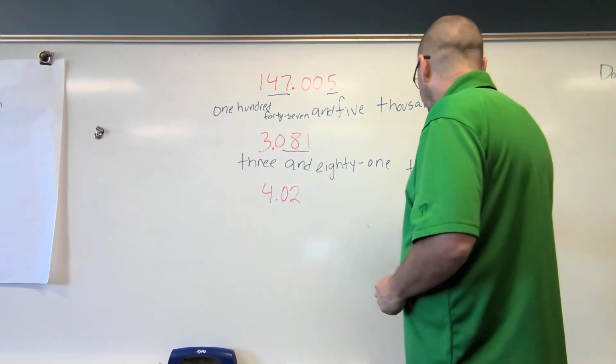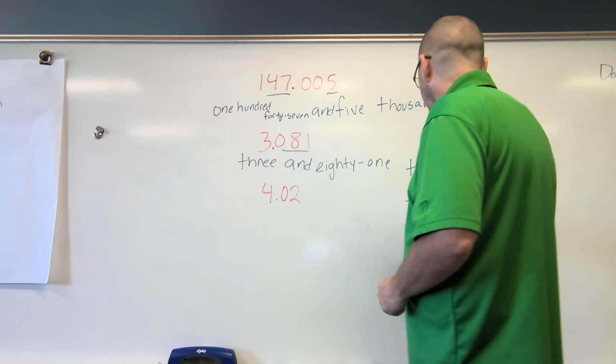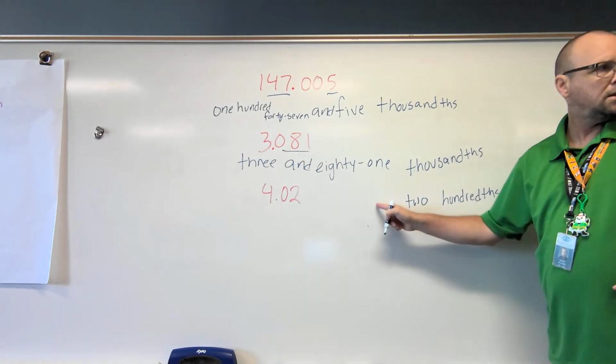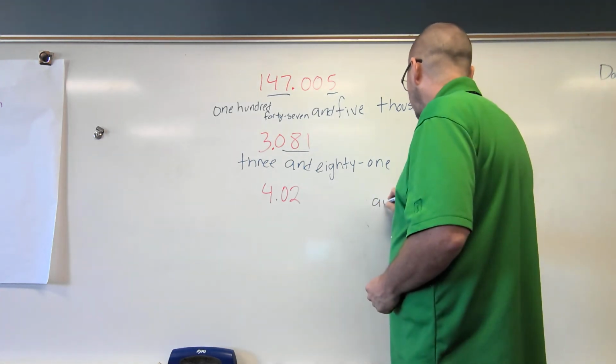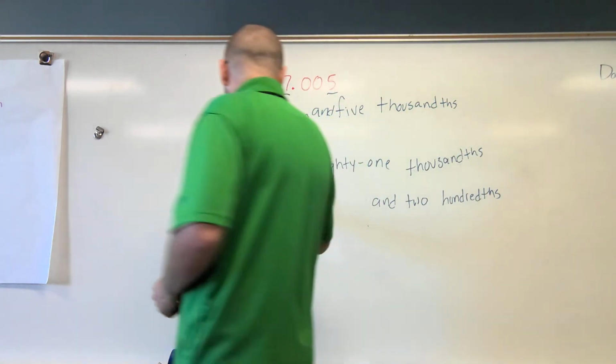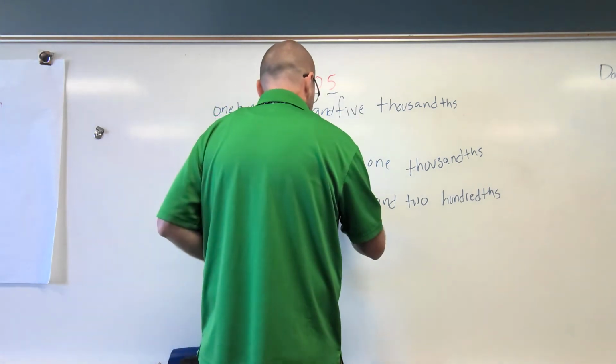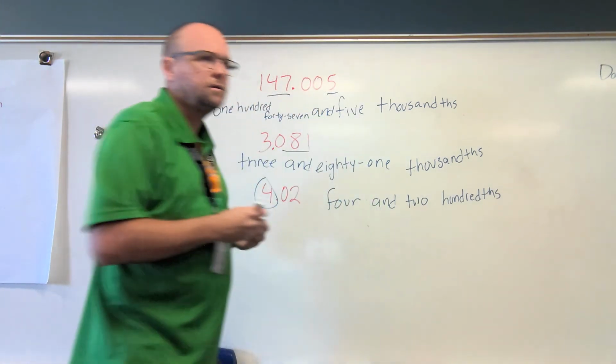Lily told us we have 2 of them. And what goes directly in front of the hundredths, Lily? The "and." Good. And what do I have? What's my whole number? 4 and 2 hundredths. Good. So we have the 4 and 2 hundredths.